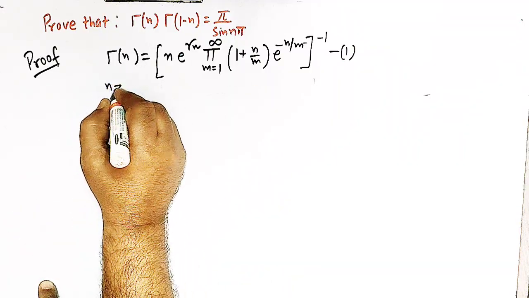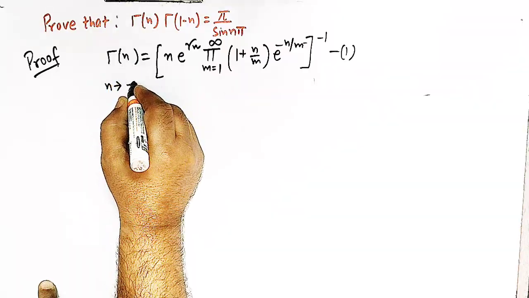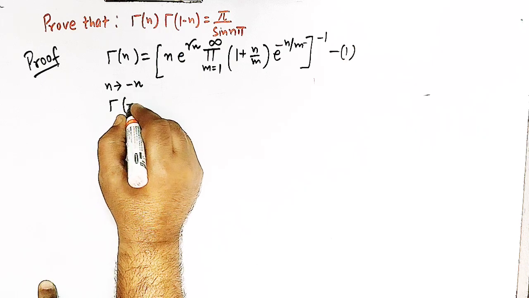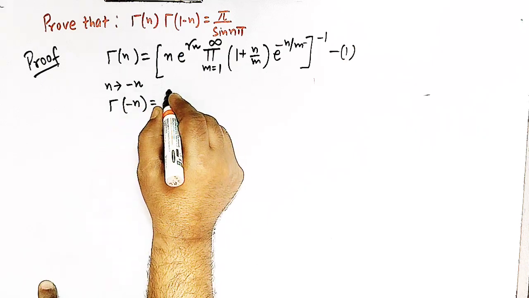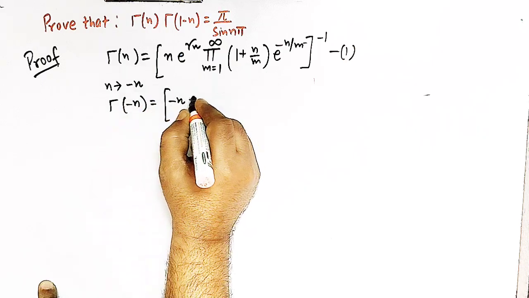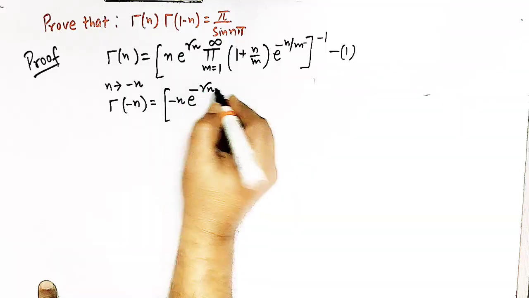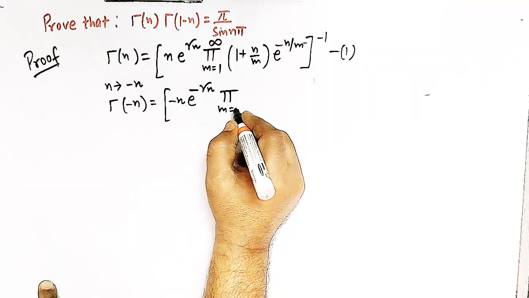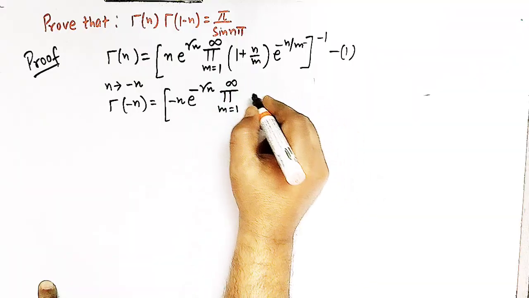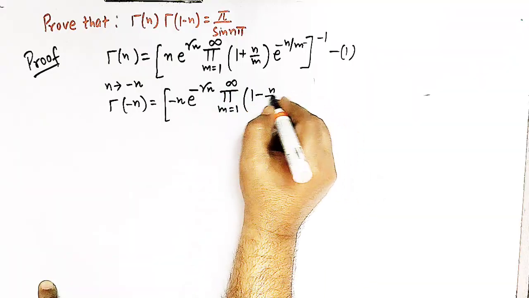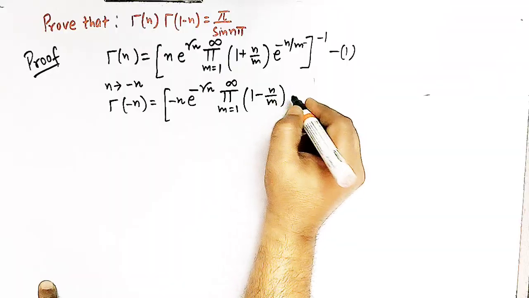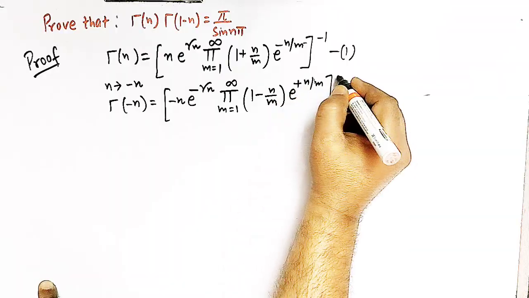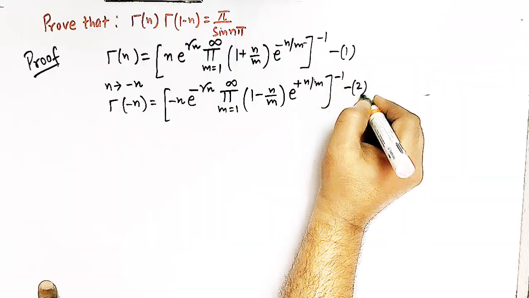So now let us replace this n by minus n in this expression. So we have Γ(−n) is equal to minus n e raised to minus γn, and here we have the infinite product from m equal to 1 to infinity of (1 minus n over m) e raised to plus n over m, raised to minus 1, right?